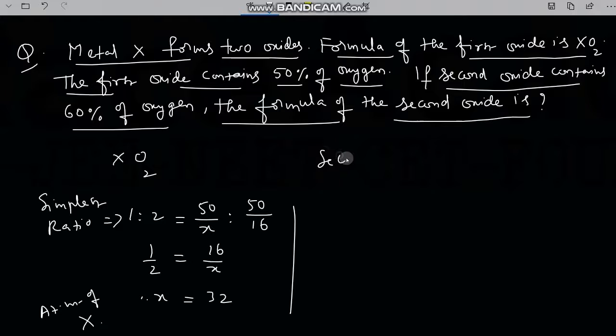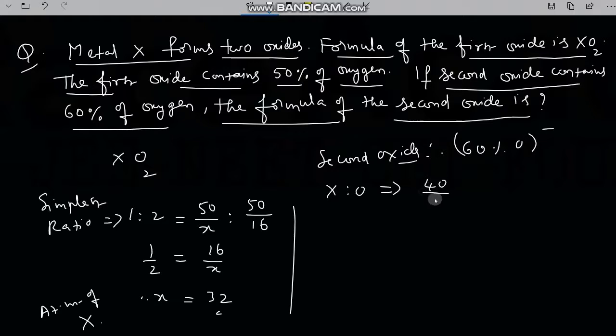Now we can easily find the second oxide. Let us see. In the second oxide also we will find the simplest ratio of X and O. The atomic mass of X is 32. Here in the second oxide we have 60% oxygen, which means X is 40%.